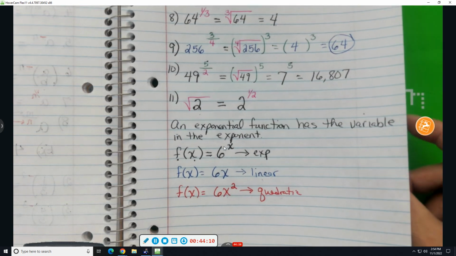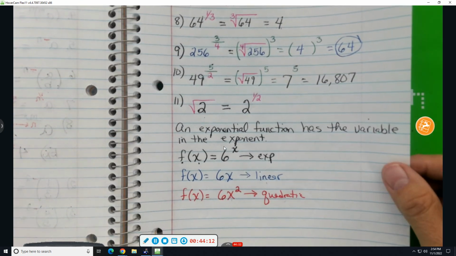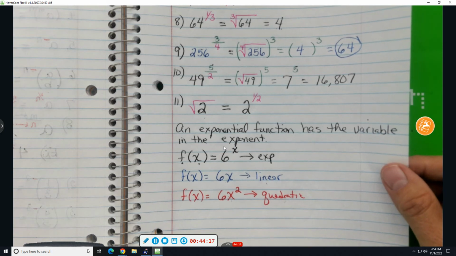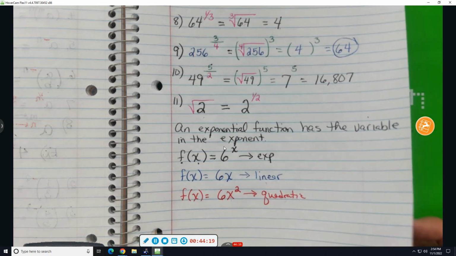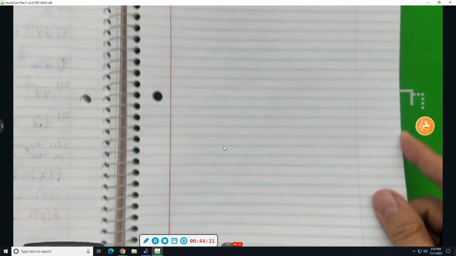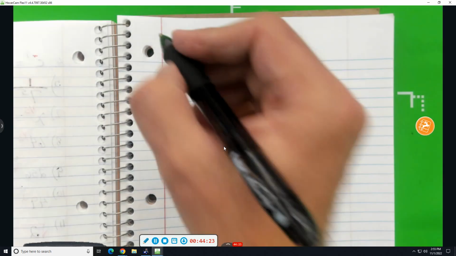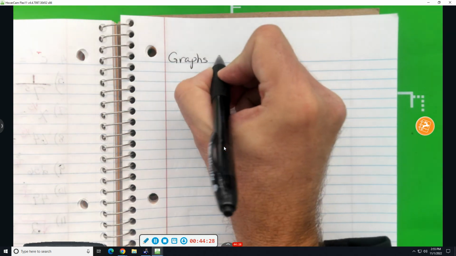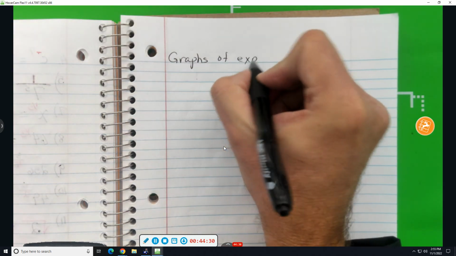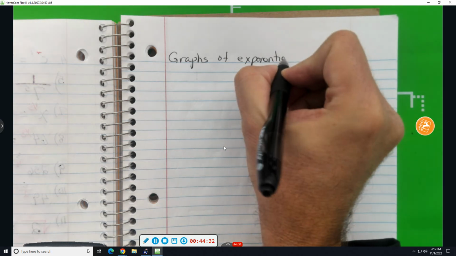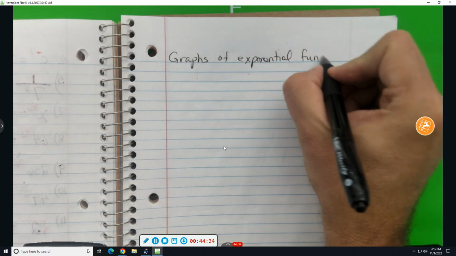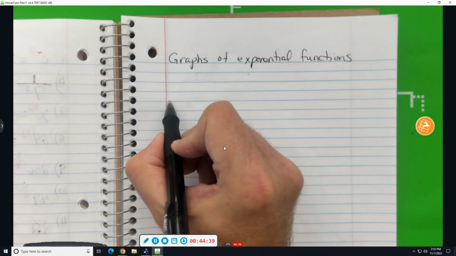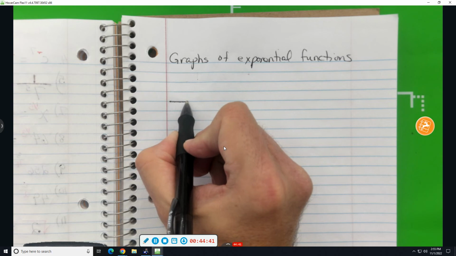And the first thing we're going to do on problems 13 and 14, I believe, is graph exponential functions. The graphs of an exponential function have 2 basic shapes. It's a smooth curve.